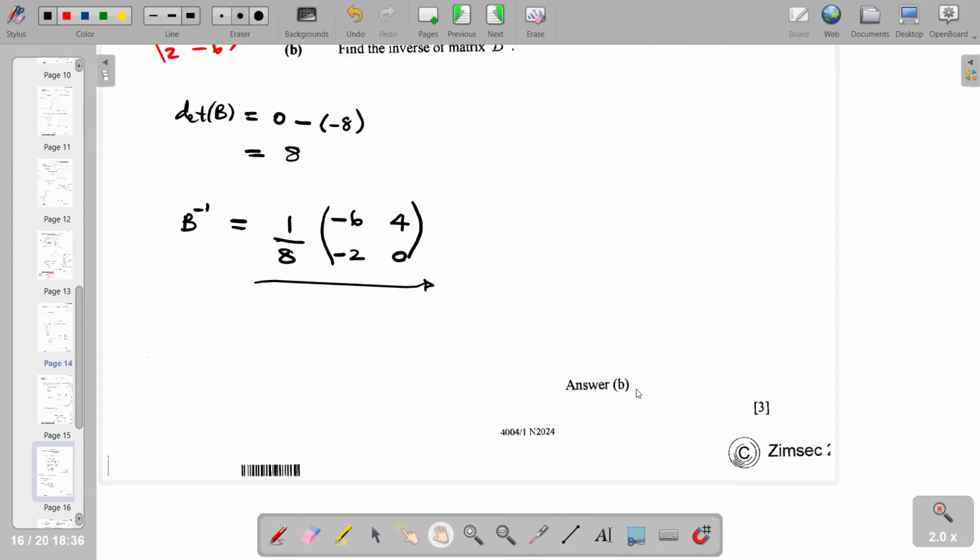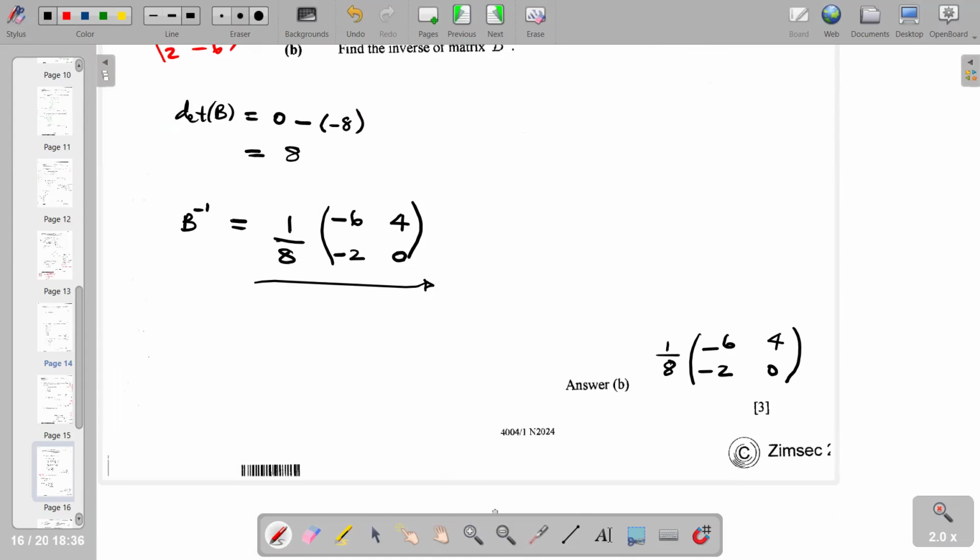Our inverse is 1 over 8 times minus 6 minus 2, 4, 0.